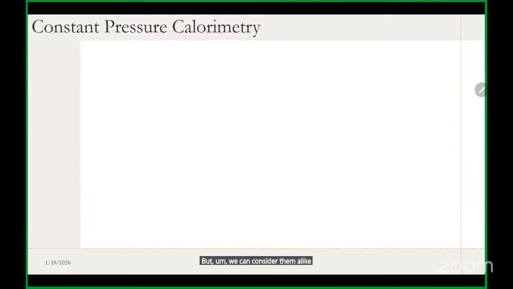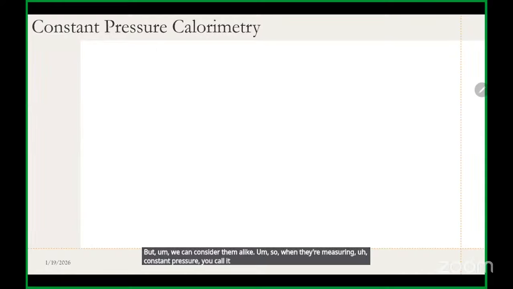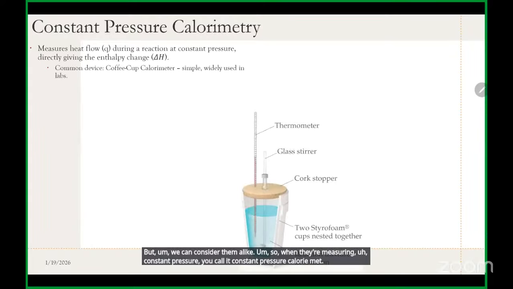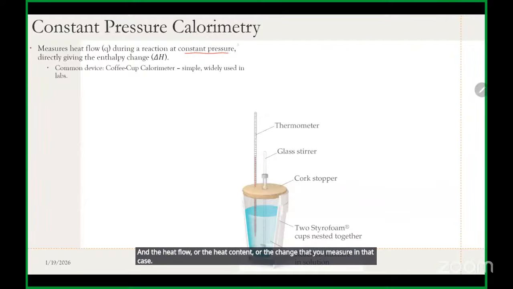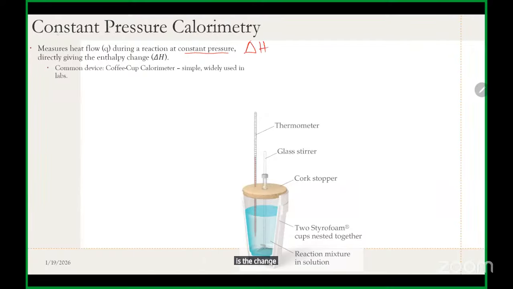When you're measuring at constant pressure, you call it constant pressure calorimetry. This measures heat flow during a reaction at constant pressure, and the heat flow that you measure in that case is the change in enthalpy. It is not enthalpy, but change in enthalpy.